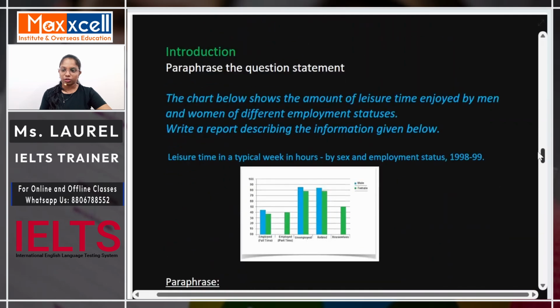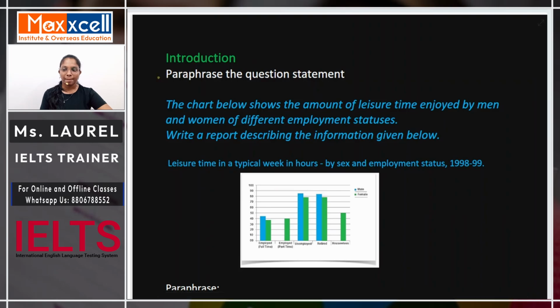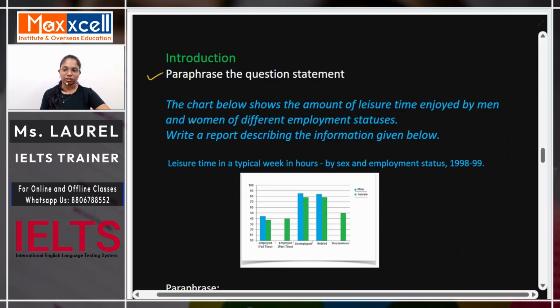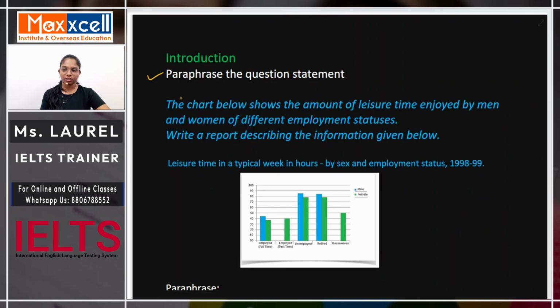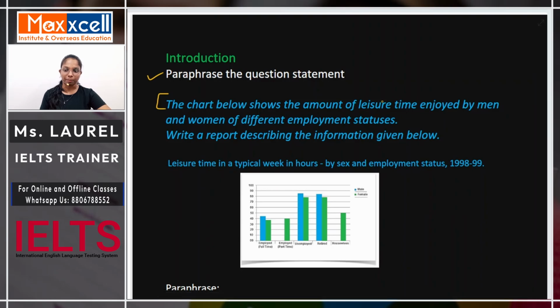So let us move on to the introduction. And what do you do for the introduction? You just paraphrase the question statement. If you're going to paraphrase, first you need to identify what the question statement is. The neutral statement in the question is your question statement, right? Here you can see: the chart below shows the amount of leisure time enjoyed by men and women of different employment statuses.